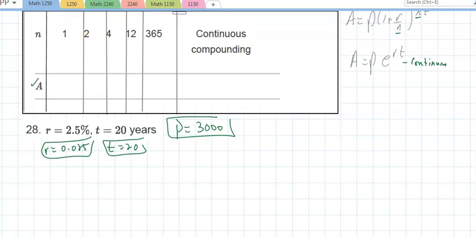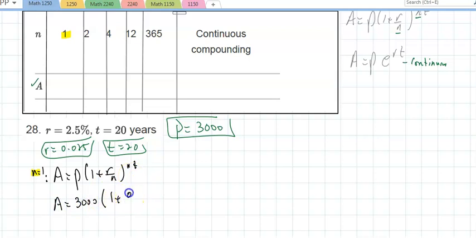When they say in the first part n equal 1, this is called simple interest, by the way. A equals P into 1 plus R over n raised to the nt. So A is what I'm looking for. 3,000 is the deposit, parentheses 1 plus 0.025 divided by n, in this case is 1, raised to the 1 times 20.